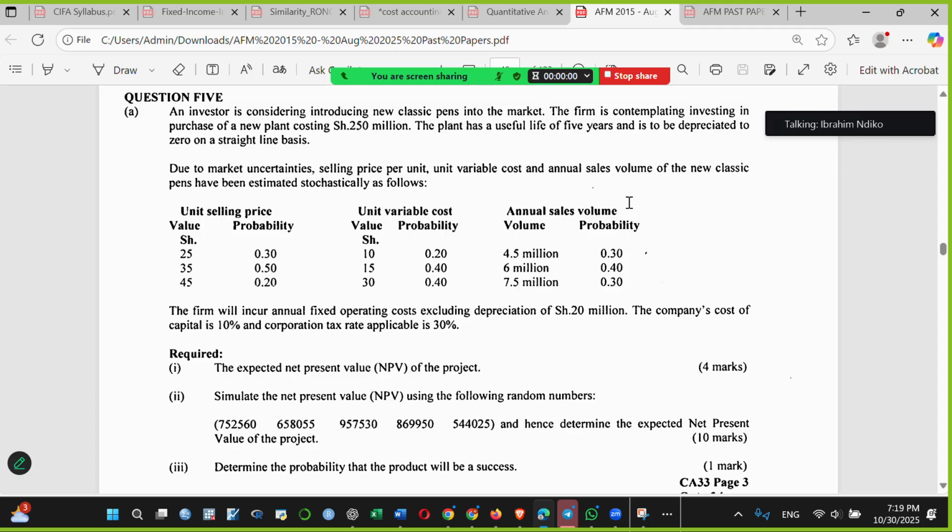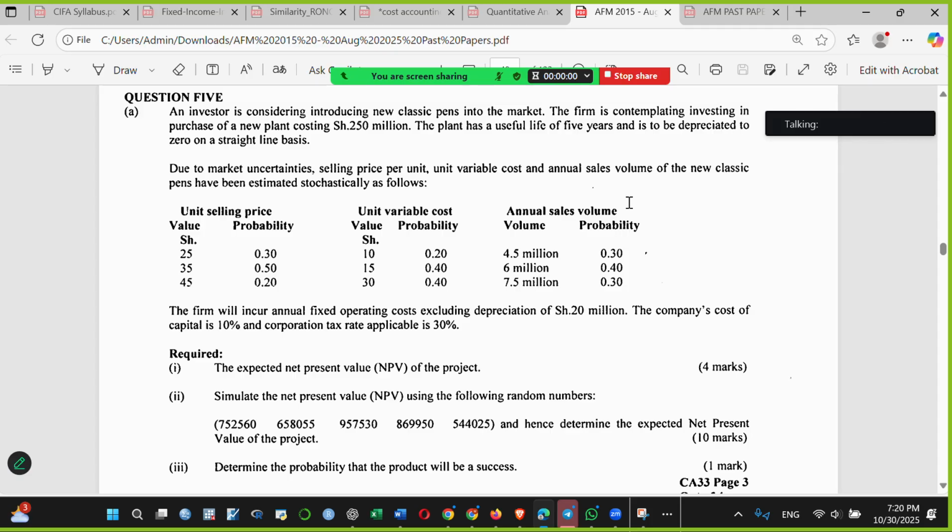Then the last one, sales volume: 4.5 million, 6 million and 7.5 million, with probabilities 0.3, 0.4 and 0.3. We are also given fixed cost of 20 million.